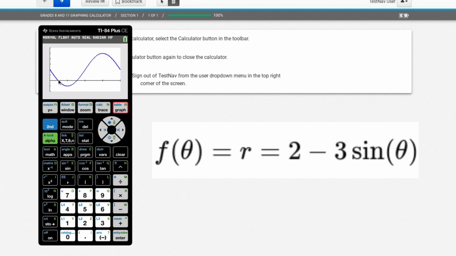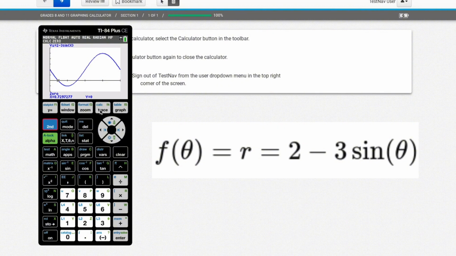So that is a 0. I'm going to hit second calc and go to 0, which is the second one. I don't know why it took me forever to look for that. So let's scroll over, hit enter, and it begins increasing at 0.72, and it's going to stop increasing right here at the minimum.